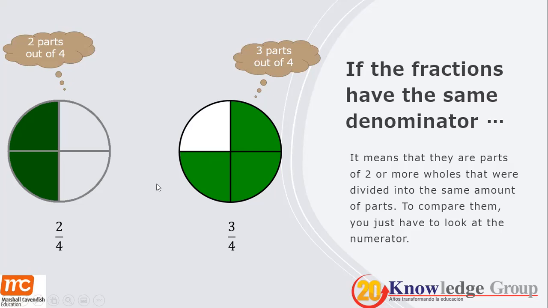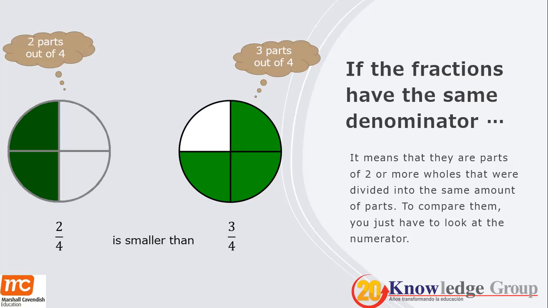Yeah. 2 parts out of 4 is smaller than 3 parts out of 4. Why? Because it's not the same if you eat 2 slices of pizza than eating 3 slices of pizza, right? So remember, first thing you're going to look at is the denominator.